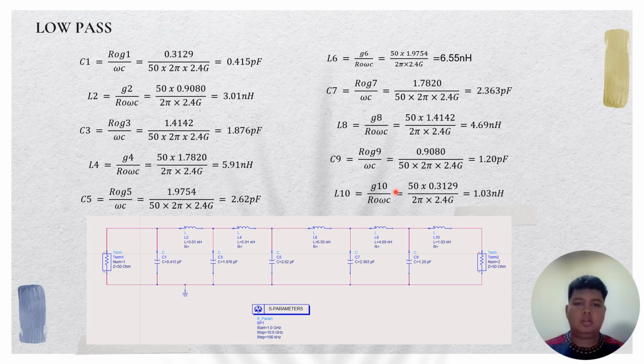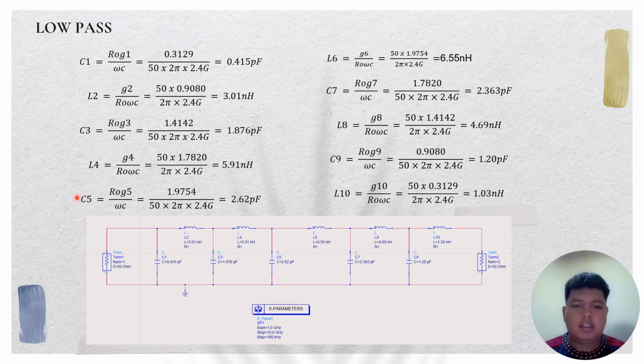Okay, so this is the low pass filter calculation. We need to calculate 5 capacitances and 5 inductances because our n is equal to 10. For the capacitances, we have C1, C3, C5, C7, and also C9. The formula that we use is Rho times G equals omega C, and we get the answer 0.415 picofarad.